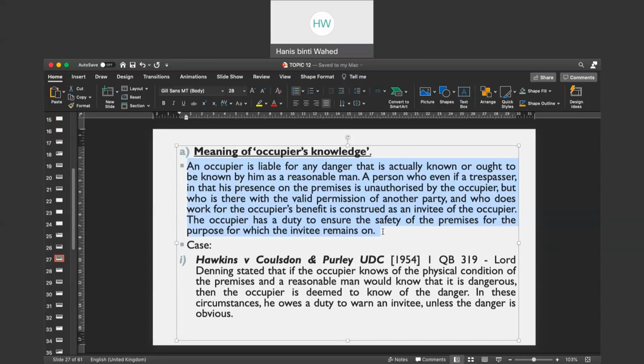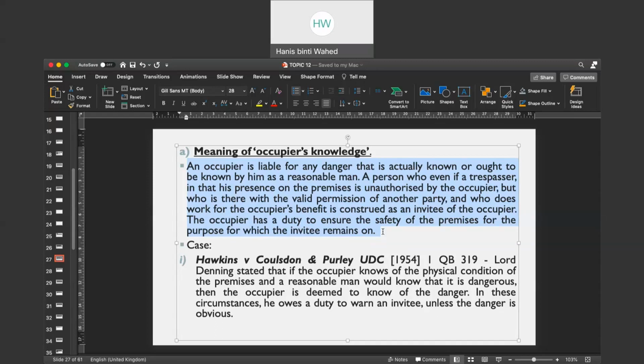It is if other reasonable men would know the existence of a danger. If other reasonable men who are put in the same position would know about the existence of the danger, then the court will consider the occupier must know about the danger. He ought to know about the danger.